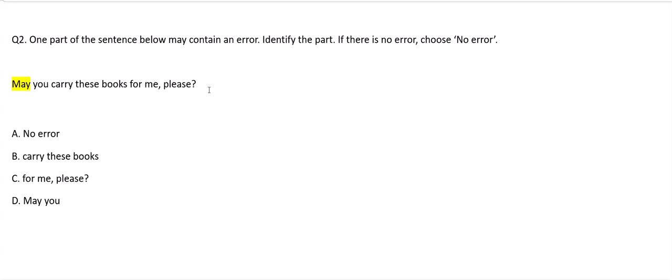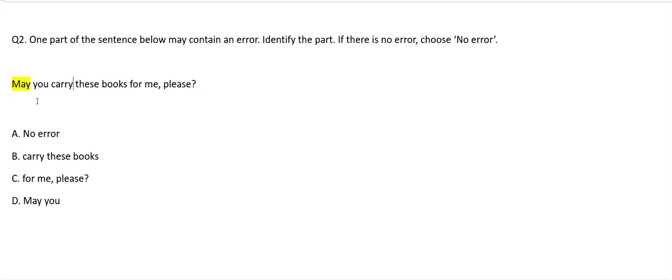We'll apply may to this sentence and see. May you carry these books for me, please. In this sentence, we can apply may I carry these books, which is asking for permission. May I carry these books?